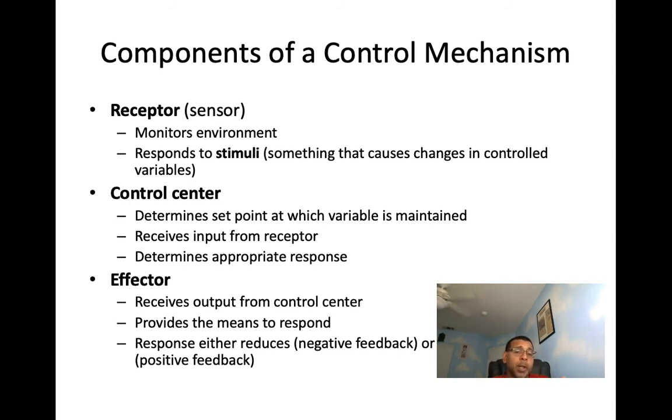When that happens, we refer to that as negative feedback, so that the whole control process is shut off. Or the response is to enhance it, which is an example of a positive feedback mechanism.